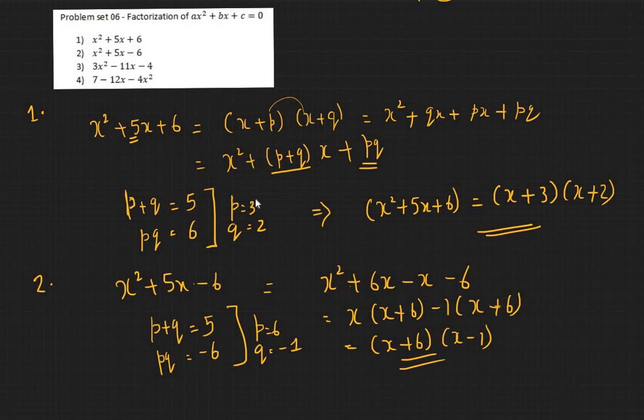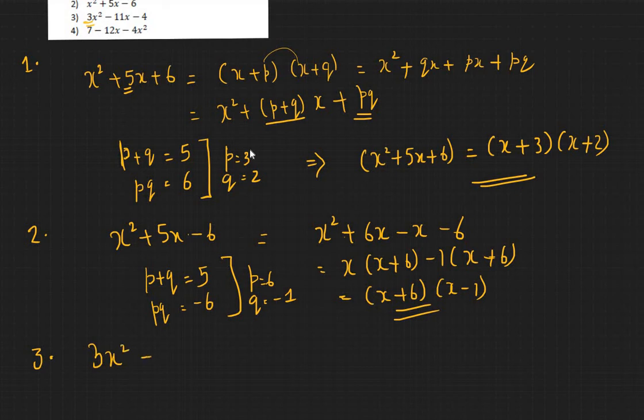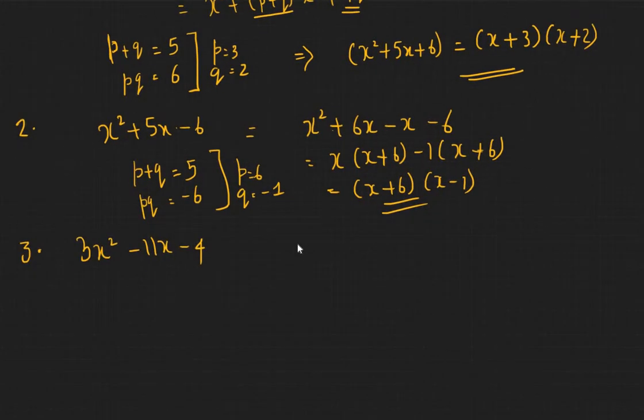The next problem is a little bit different in the sense that there is a coefficient for x squared. So when you have a coefficient for x squared, 3x squared minus 11x minus 4, what you have to do is find p and q such that p plus q is minus 11, so this stays, and your pq would be the product of 3 into minus 4, that would be minus 12.